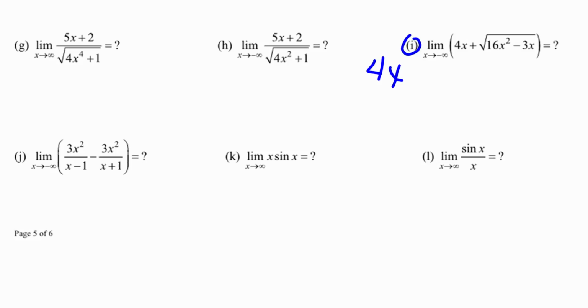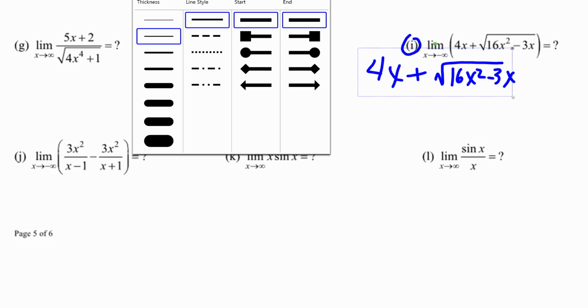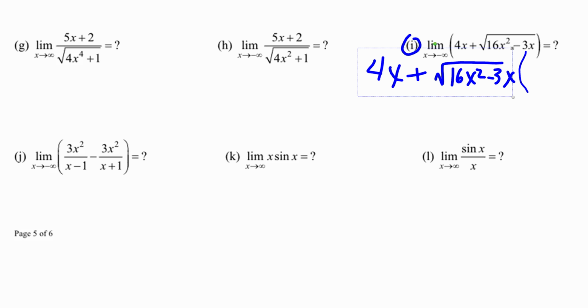Just plugging in a number, you're not going to get anything usable. If you do a little bit of algebraic manipulation, however, it looks pretty nice. So what we're going to do is multiply by the conjugate. And remember, we can multiply anything by 1, so we're not changing it.